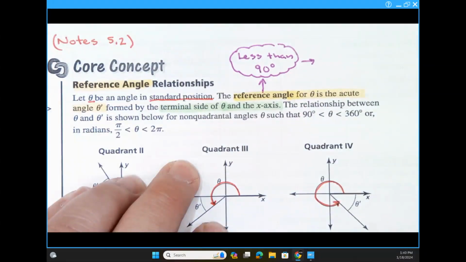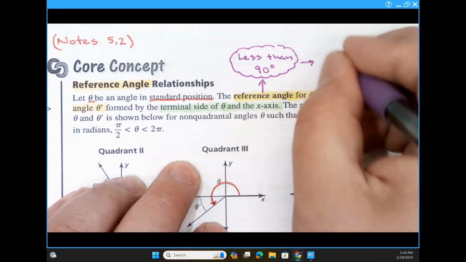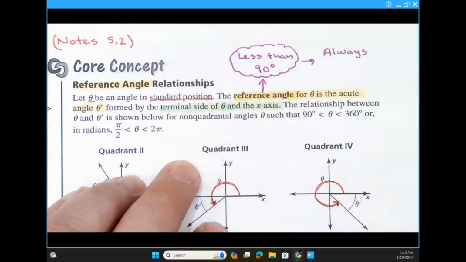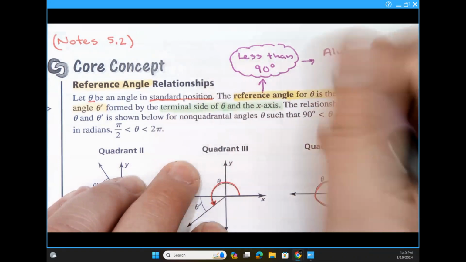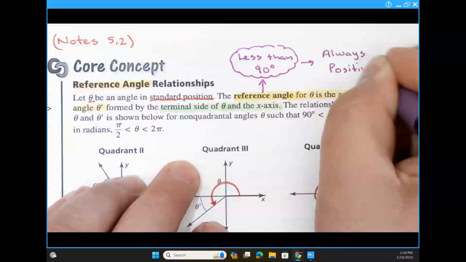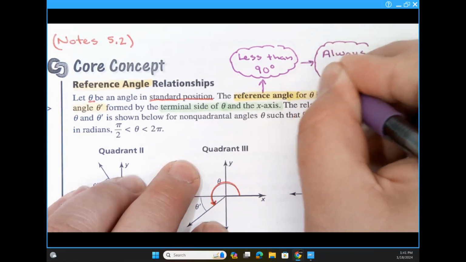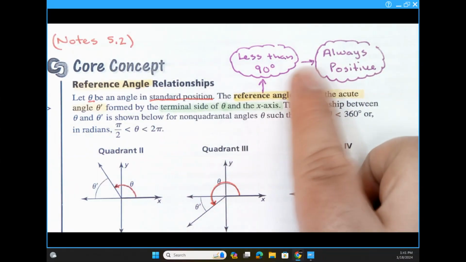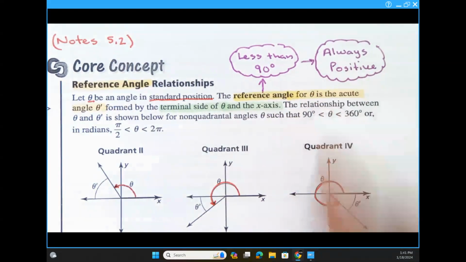They don't really mention it, but it should be said. It's always positive. So even if you're working with negative angles and then they ask you about a reference angle, your reference angle should always be positive. So that's the biggest thing to note today. In your word wall, this is probably what you need to add. It's very useful, especially the idea that it's always going to be a positive number.